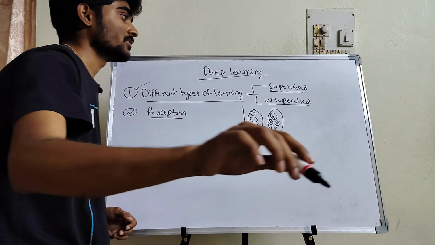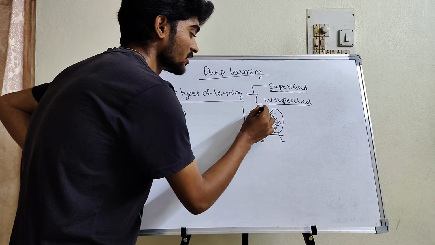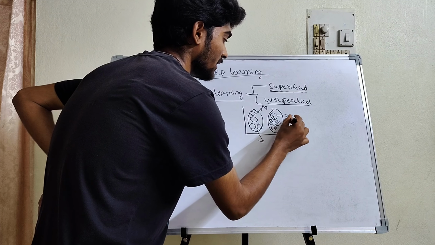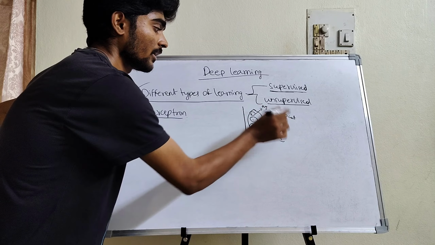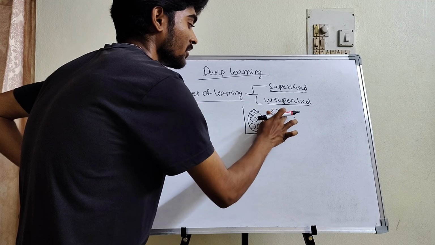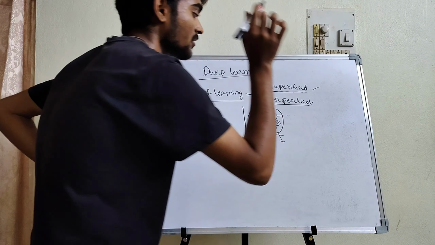But in supervised learning you have labels. Each data point will have either a dog label or a cat label, but in unsupervised learning you don't have these labels. This is the basic definition of supervised and unsupervised learning.